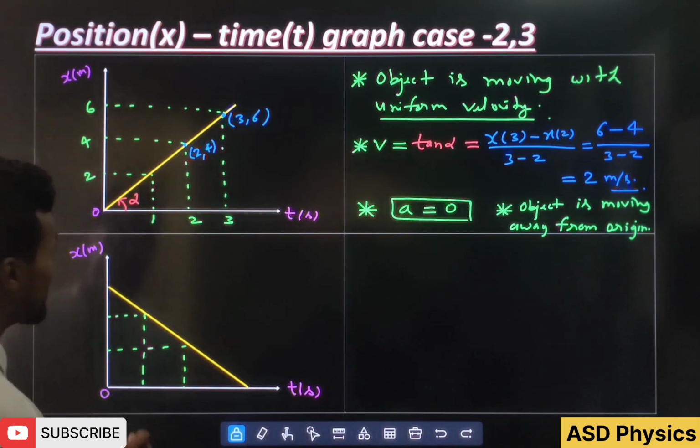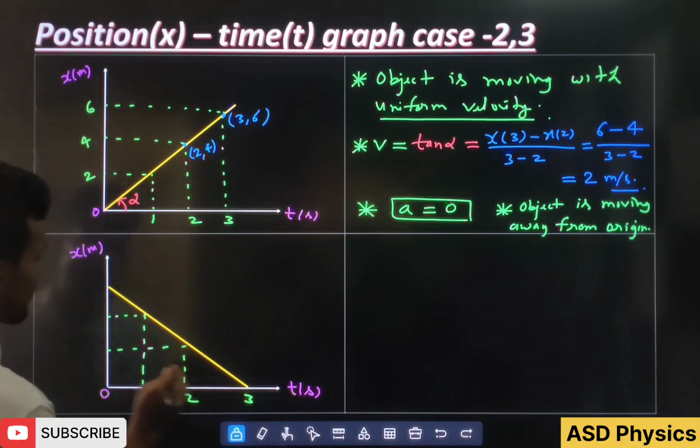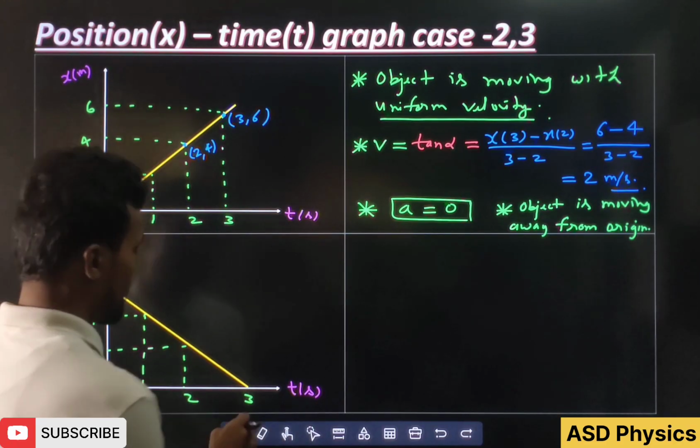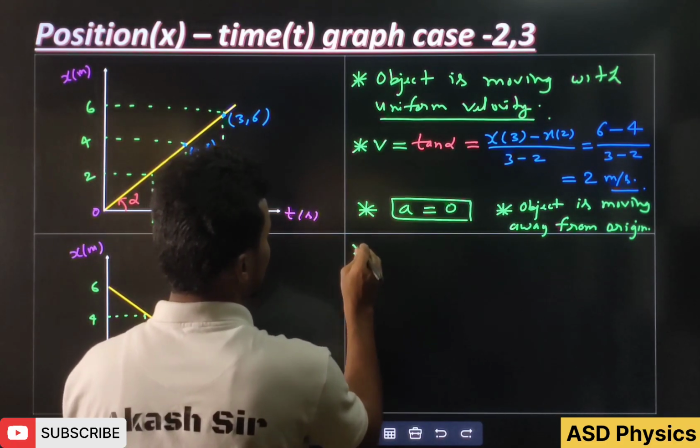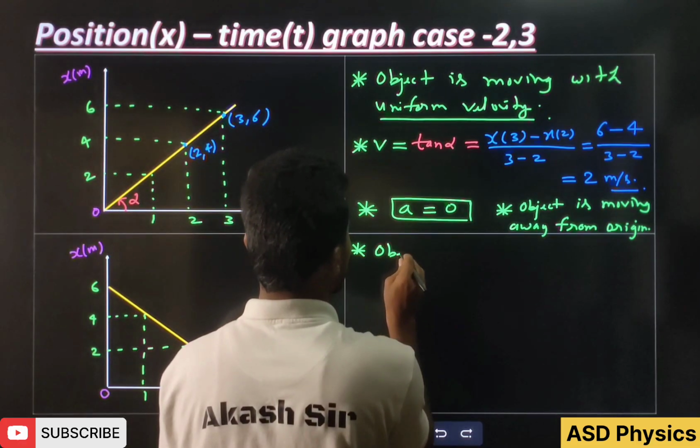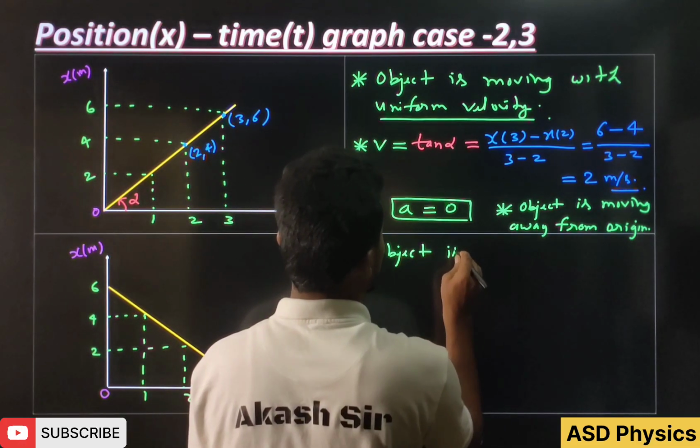Vector quantity. Okay, so see here, if I write 0, 1, 2, 3 for example, and here I am writing 2, 4, 6. Can you see? At the first point, the object is moving with a uniform velocity here, because it is an inclined straight line.